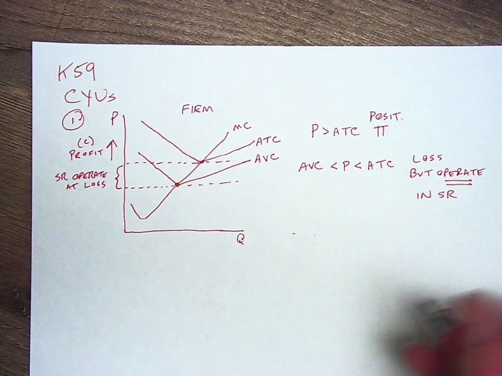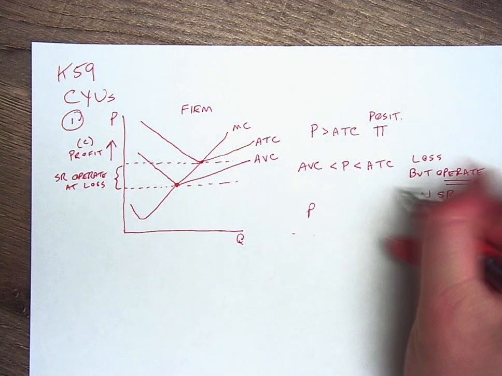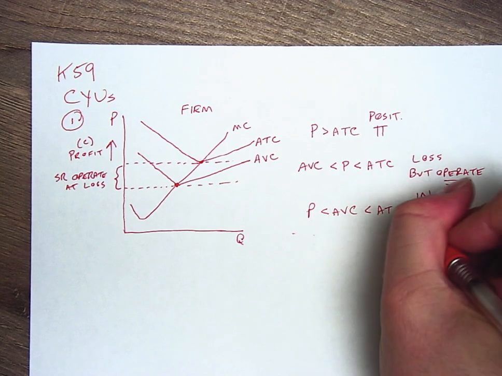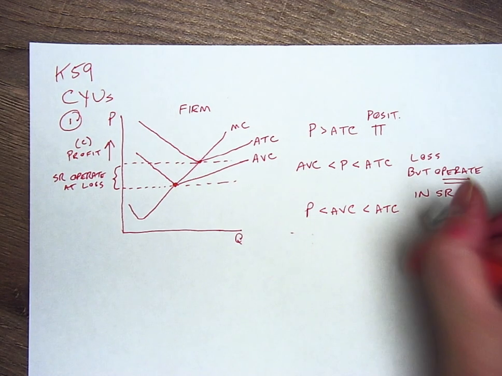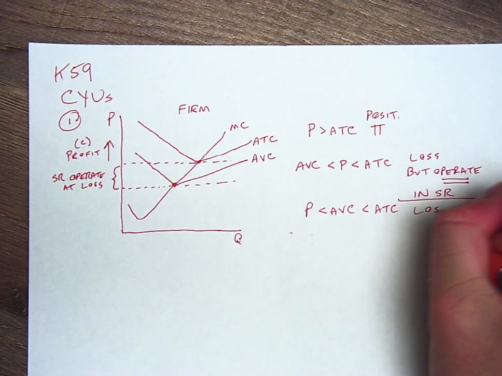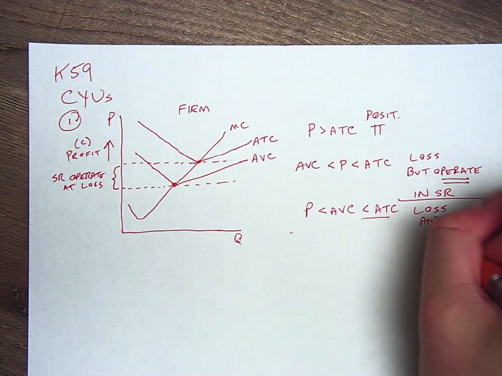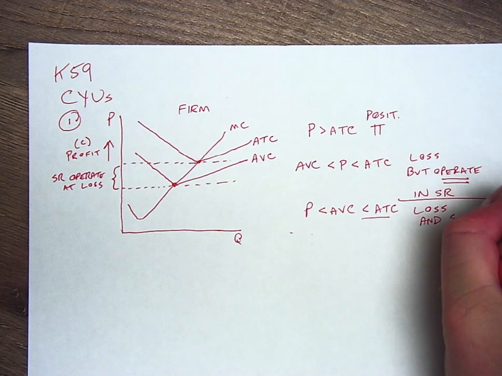And then we know that if the price is less than the AVC and it's less than ATC, if it's a really low price, then they have a loss, right? We know they're a loss because it's less than ATC, and they can't even cover their fixed costs, so they shut down.